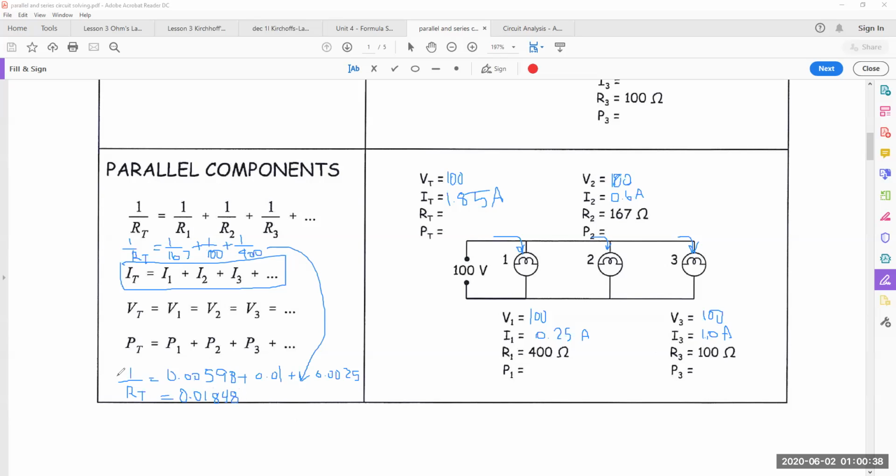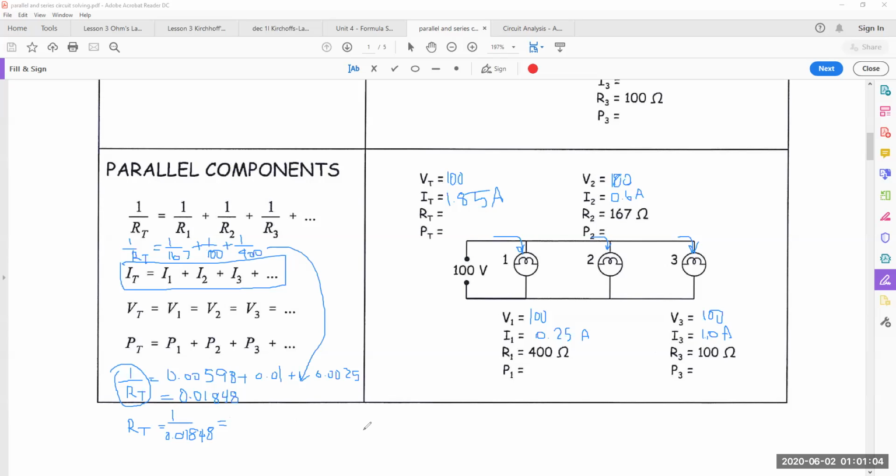But you have to pay attention. This is 1 over R total. So in order for me to find R total, I have to inverse that. So 1 divided by 0.01848. And if I do that, I hope I calculated right.